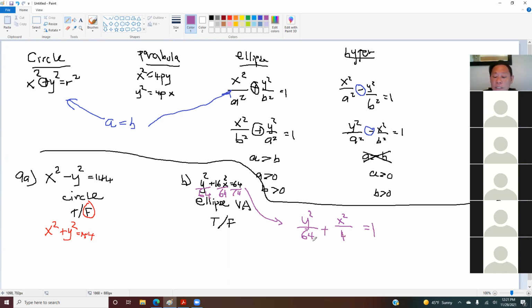So which one is bigger, 64 or 4? 64 is bigger, so this is your a squared, and this is your b squared.